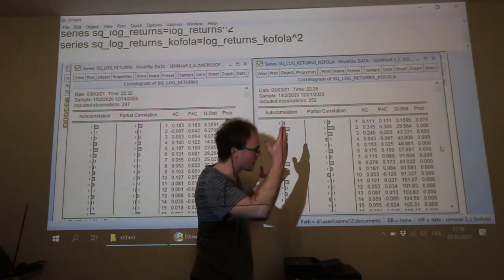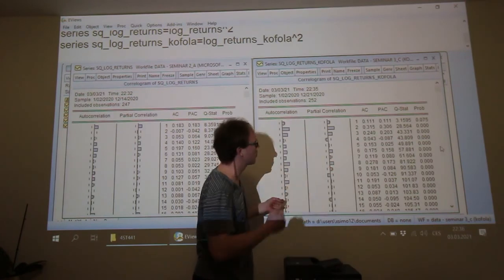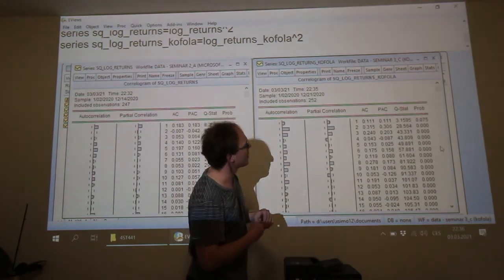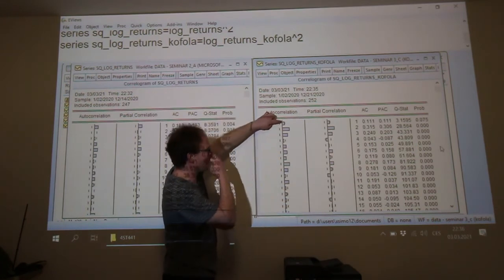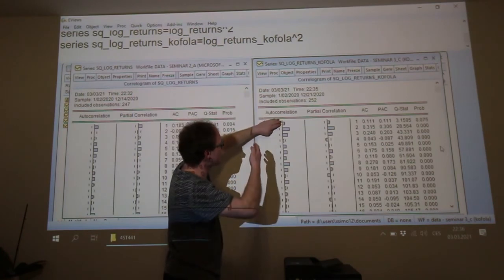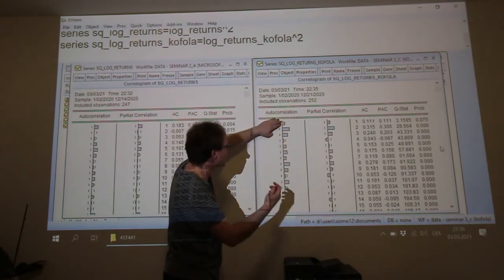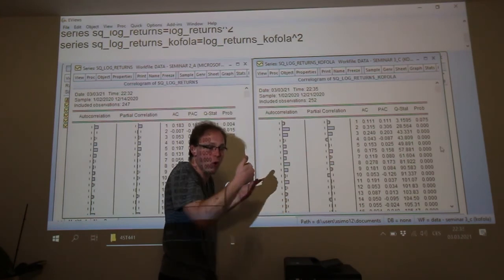Again, zero hypothesis: there is no dependence, no correlation, no autocorrelation. And on the first position, you can see that there is no dependence, there is no correlation of the first order.